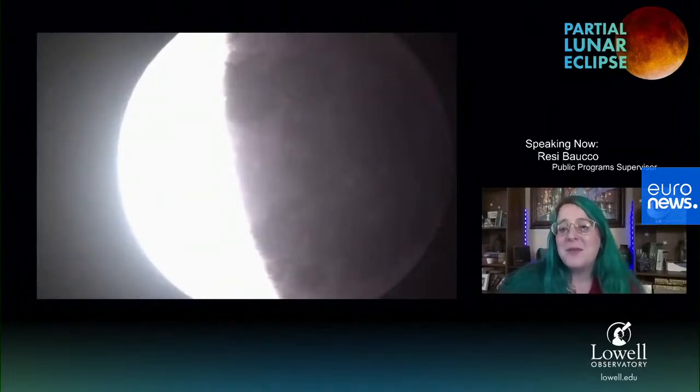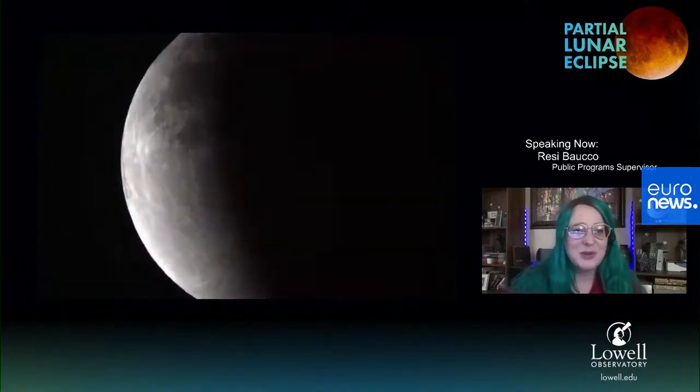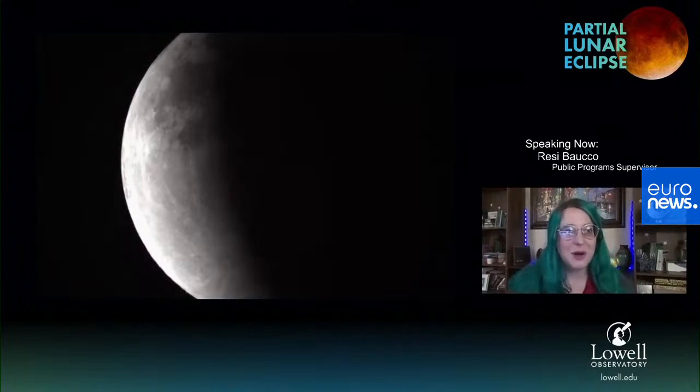Why is the bottom of the moon cut off of the screen? That just has to do with our telescopes and how much we're zoomed in and our field of view. So let's see. Why is the eclipse I'm seeing not the same as you're showing? Most likely you're seeing a flipped image.